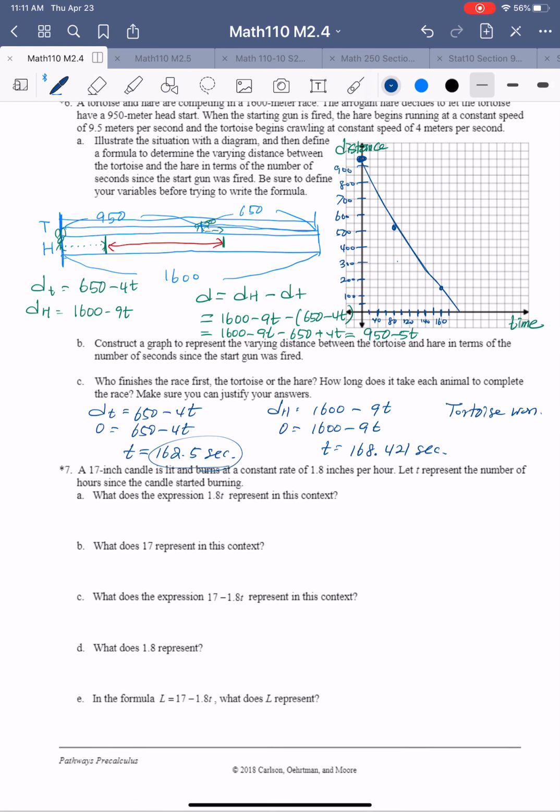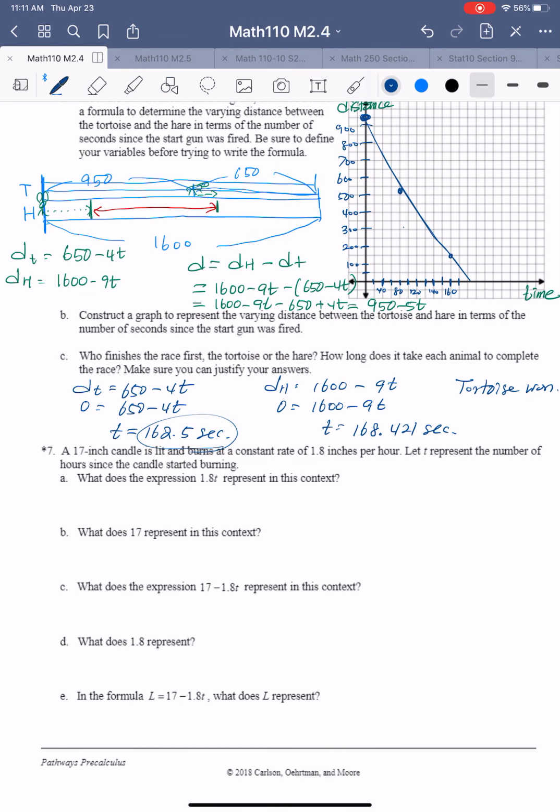All right, number 7. A 7 inch candle is lit and burns at a constant rate of 1.8 inches per hour. Let t represent the number of hours since the candle started burning. So the changing length of the candle is going to be negative 1.8t.